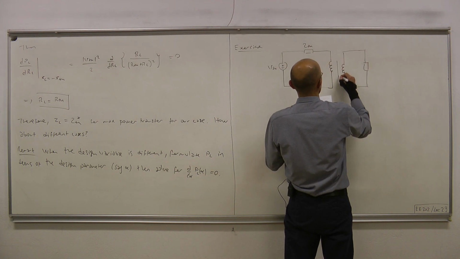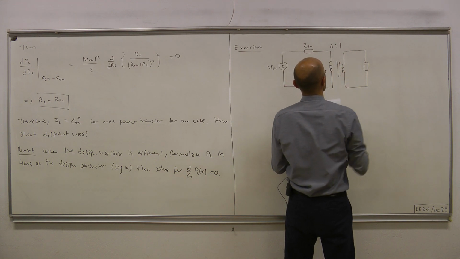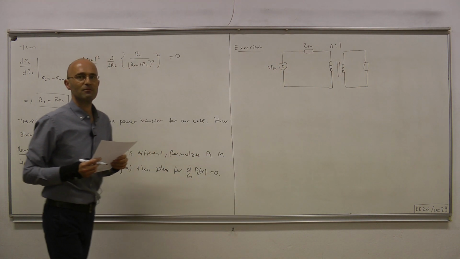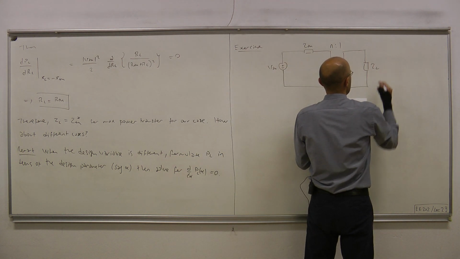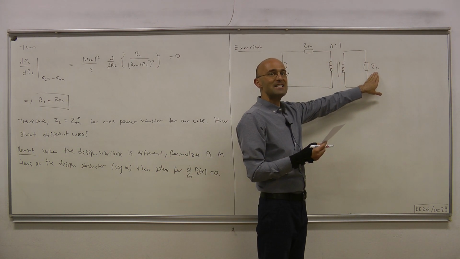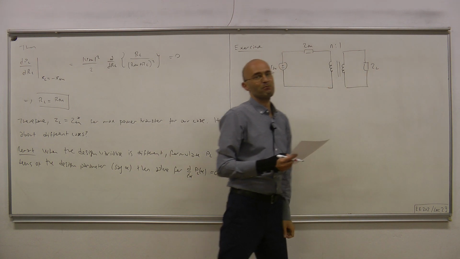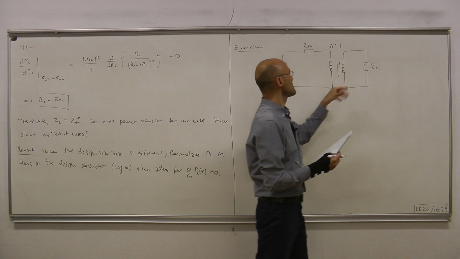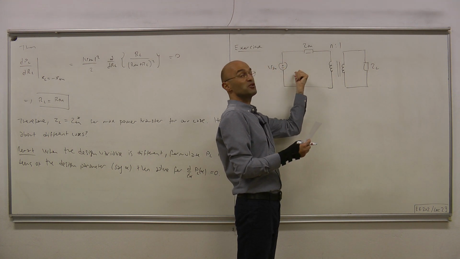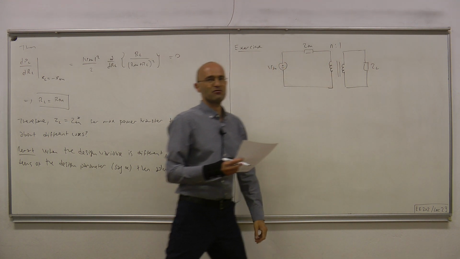Suppose the turns ratio is n to 1. And if this is the case, that is, we cannot play with the real and imaginary parts separately of our load impedance, but instead we can play with its magnitude as seen from the circuit through this transformer.